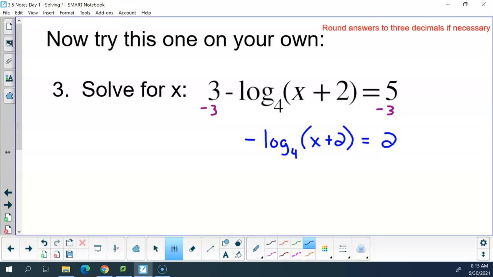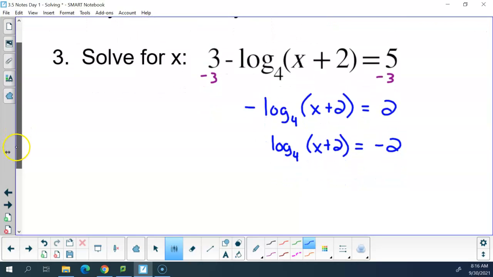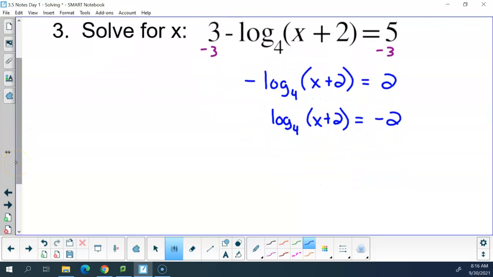Divide both sides by negative 1 gives me log base 4 of x plus 2 equals negative 2. Flippity floppity forms would say then that we would have 4 to the negative 2 power equals x plus 2.